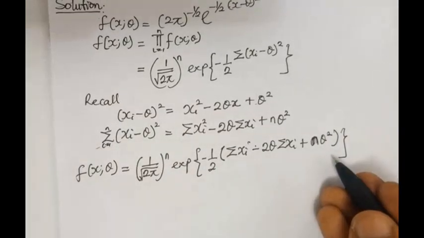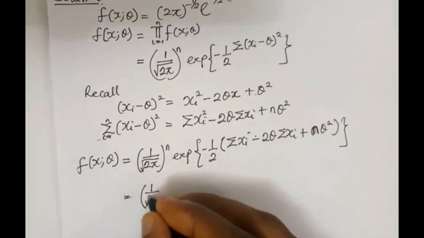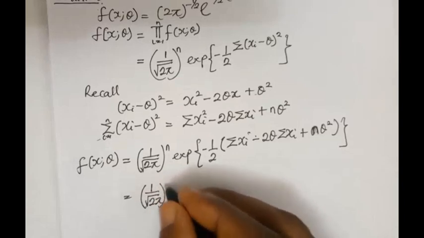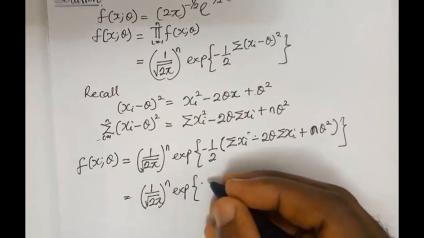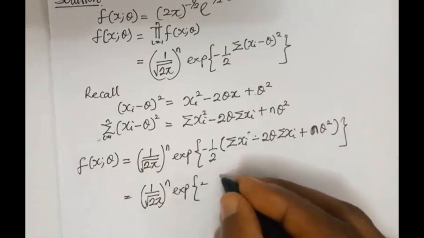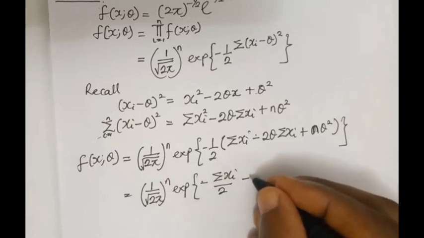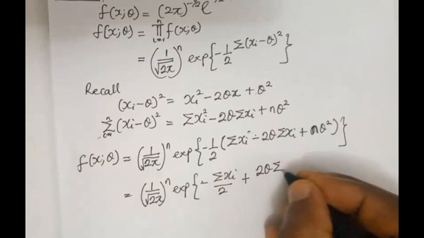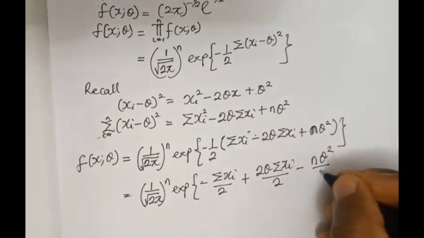We can as well open this to give us 1 all over square root of 2 pi raised to the power of n exponential. We can use this to multiply everything here to give us negative summation xi squared all over 2 plus 2 theta summation of xi all over 2. This is positive, so it changed to negative, n theta squared all over 2.